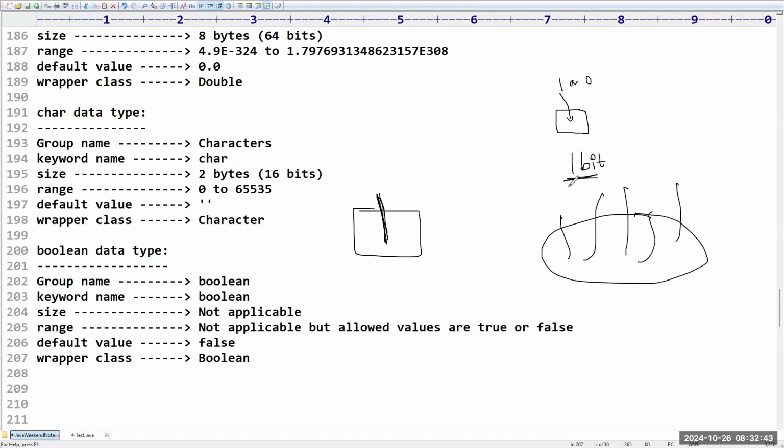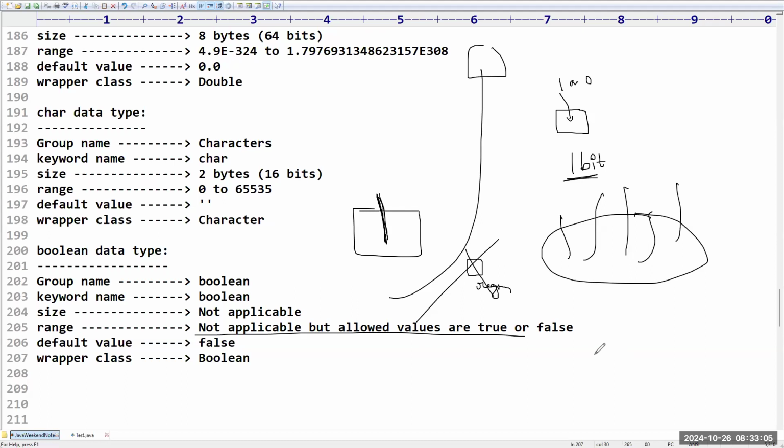So that's what the Java people did: for that, I am providing some small amount of memory, something like registers or RAM, to store this. That's why size is not applicable. And the range is also not there, because there are only two values.